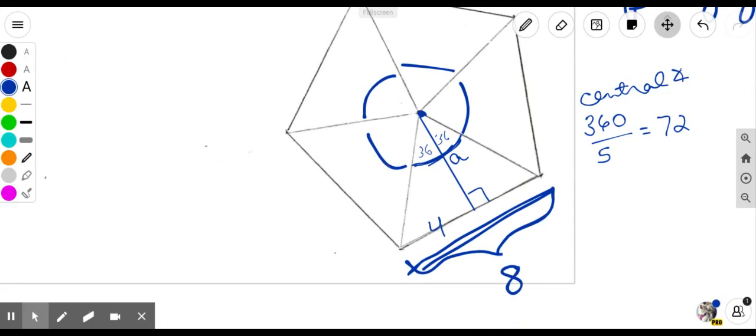Okay, so now we know that this is 4, this is A, so we're going to use trig to find the apothem. Remember with SOHCAHTOA, we have this 36-degree angle. This is opposite, this is adjacent. So we're going to use tangent.